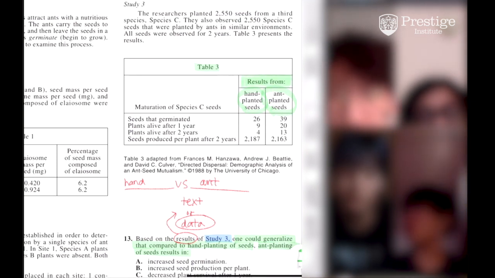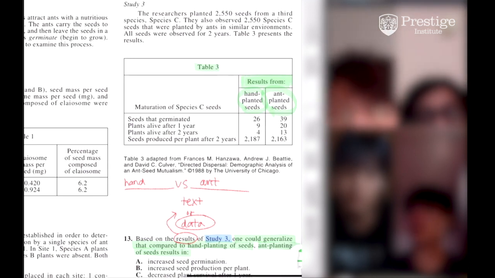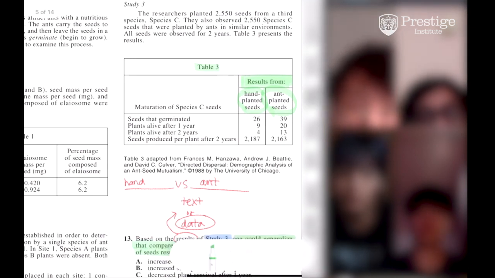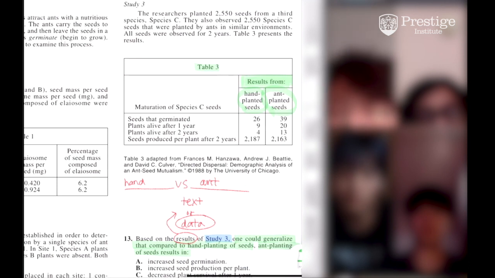And we largely have seeds that germinated, plants alive after 1 year, plants alive after 2 years, and seeds produced per plant after 2 years.